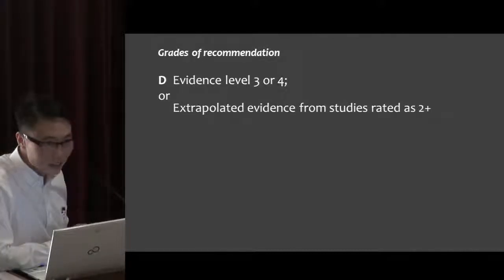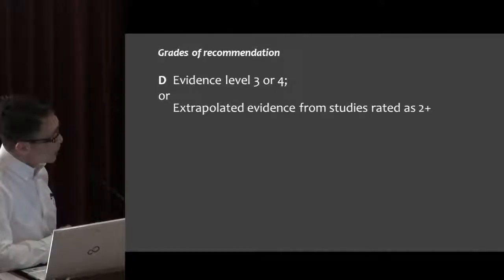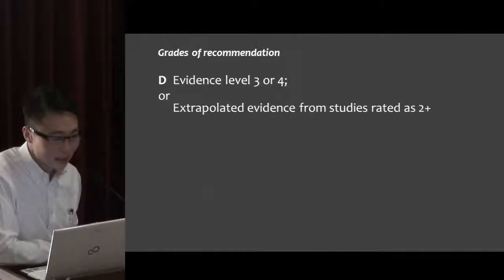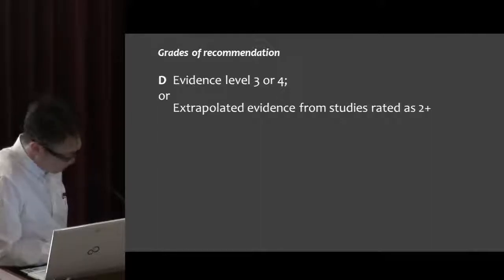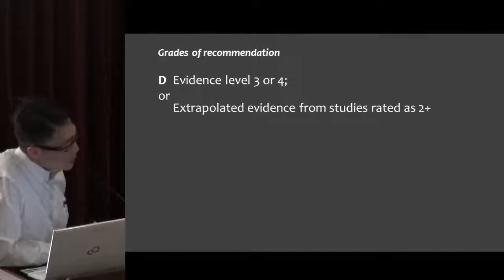If you look at the handout that you have, every recommendation is graded. If you read a grade A recommendation, it means that when we make this recommendation, it's very well supported by high quality scientific research, and it's a highly reliable statement. Then it goes down to B, then C, and then D. D is basically anything that is level 3 or 4. Why?